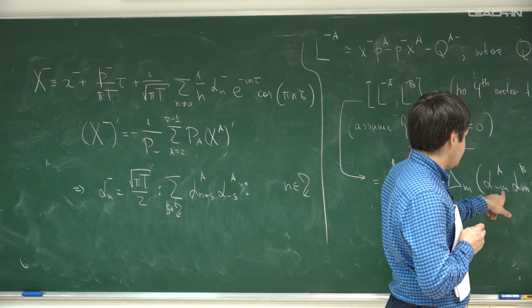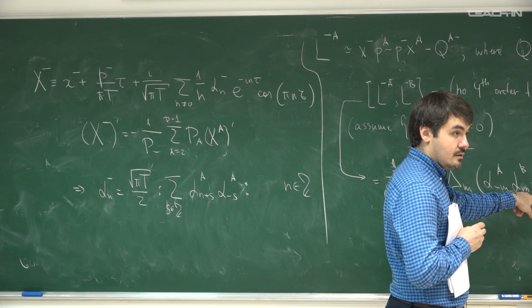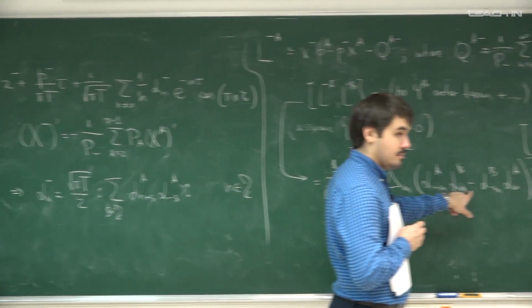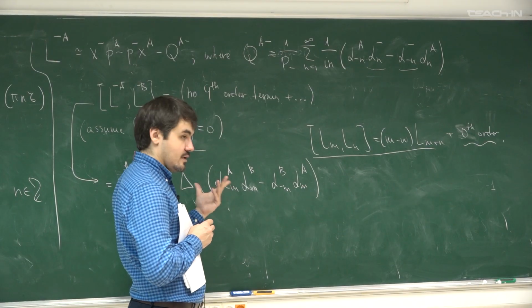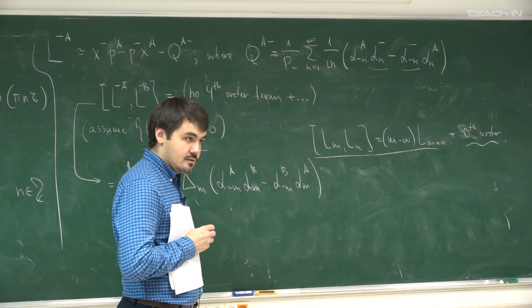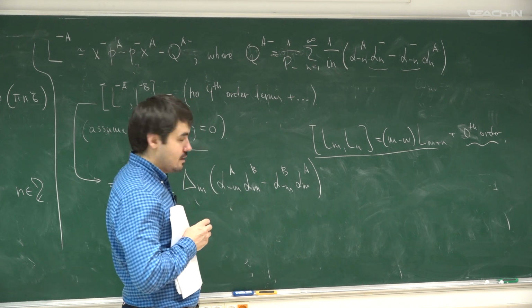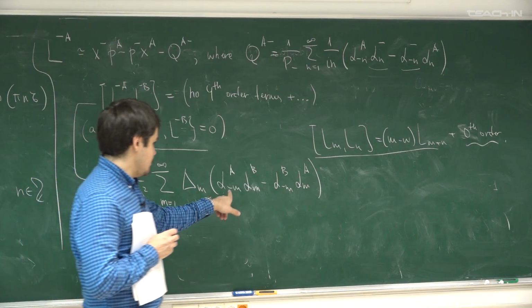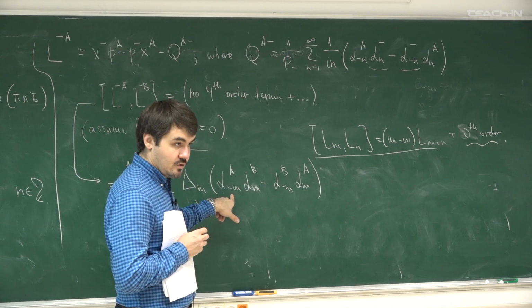For example, if you have minus m times alpha m plus 1 and commute it with alpha 0, it will be an eigenvector of alpha 0 with eigenvalue 1. It's like a particle number operator, if you like. And this is particle number 0, because there's exactly the same number of negative and positive oscillators.